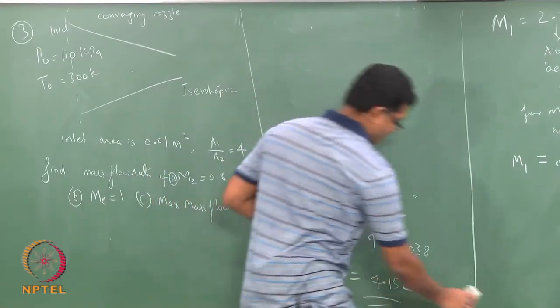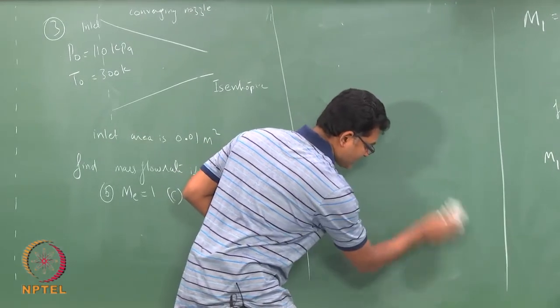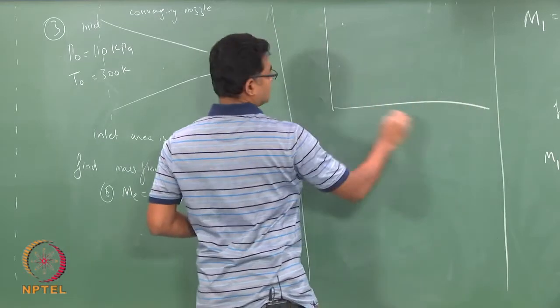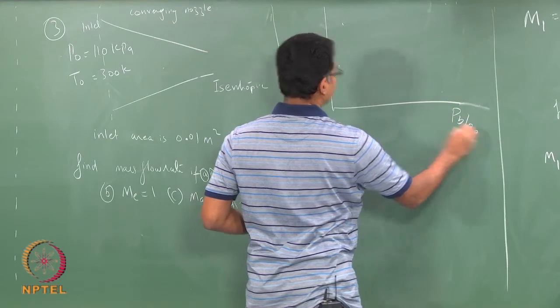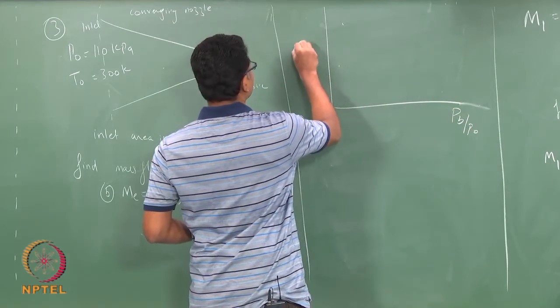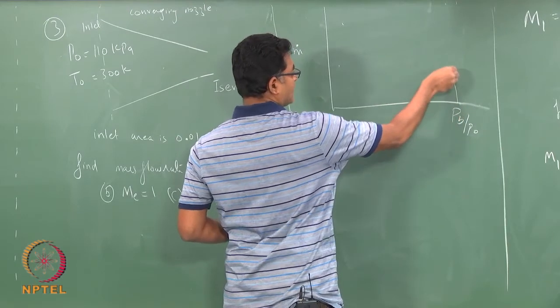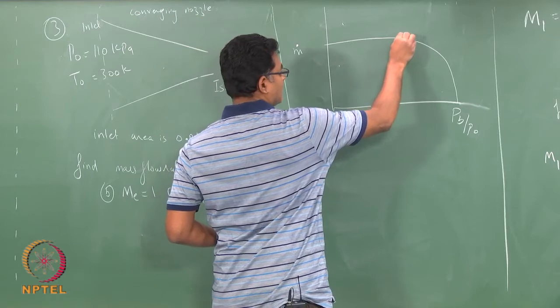Remember, this mass flow rate will be changing when you change your pressure. So, this is my Pb by P0, this is my m dot. So, when this is 1, there is no flow, and then slowly it goes up, and then it has a constant value.